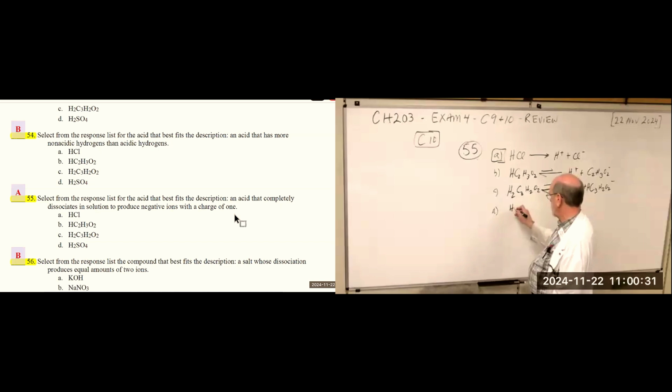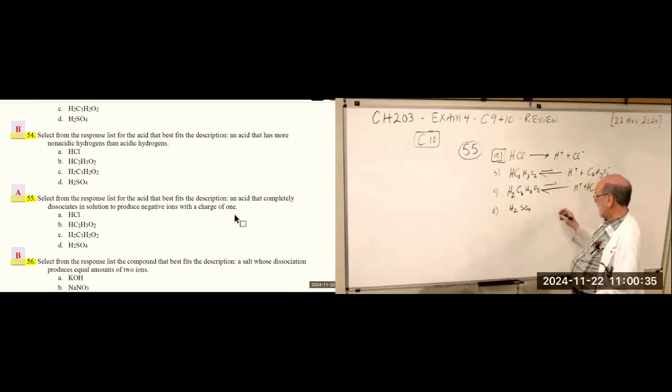How about this one? H2SO4. All right, this is a strong acid, and it's strong for 1 proton. So technically, this one does not completely dissociate because it's only strong for 1.